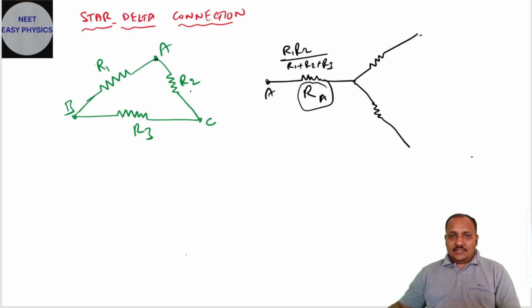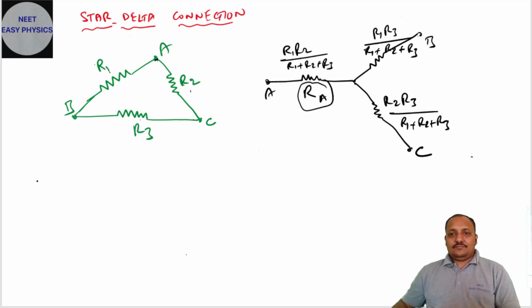Next, B is going to be in between R1 and R3. Therefore R1 R3 by R1 plus R2 plus R3. C is going to be R2 R3 by R1 plus R2 plus R3. So this delta shape is going to be transferred like this.